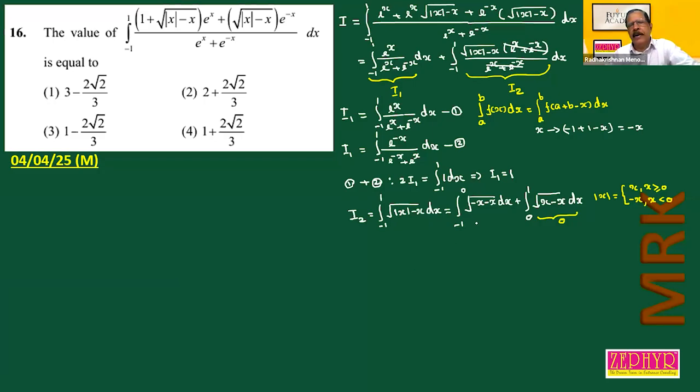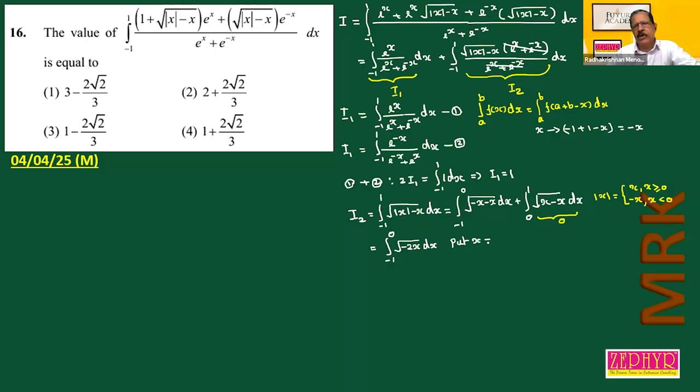Now here I1 is equal to now integral minus 1 to 0 root of minus 2x dx. Either you can evaluate it directly or you can substitute.